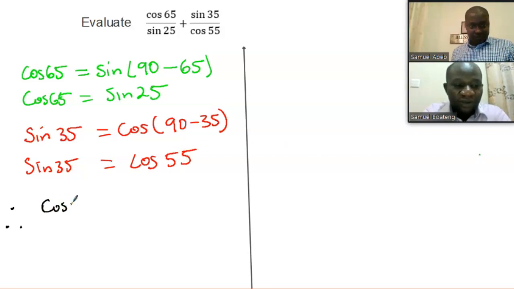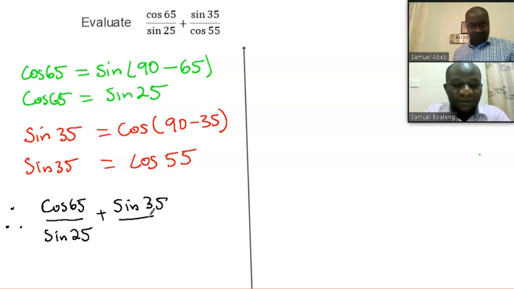So cos 65 was sine 25, so we have sine 25 plus sine 35 over cos 55.